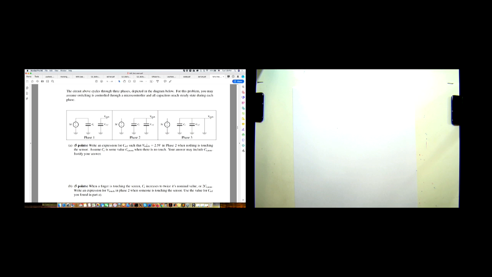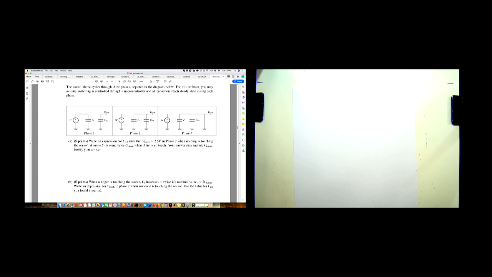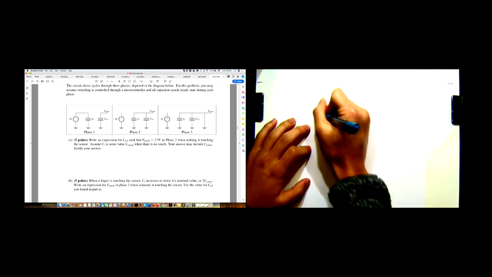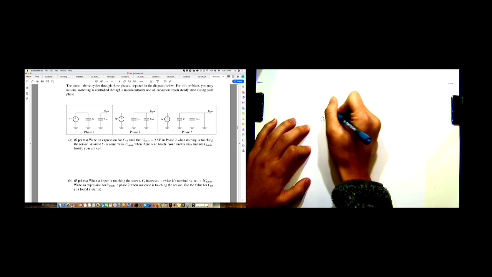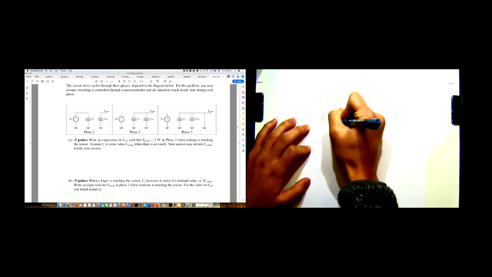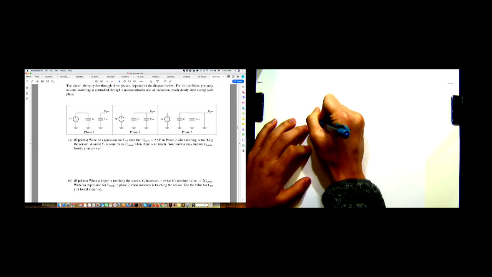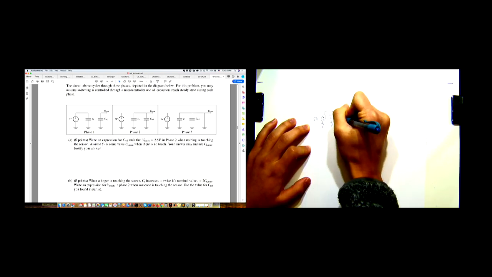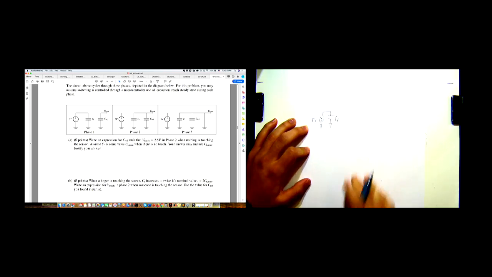Parts A and B are another charge sharing problem. We have phase 1 here, which is plus minus, and this is 5 volts. This is C, in farads, CF.